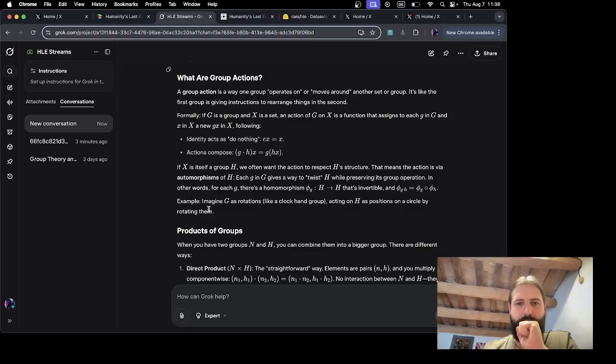There's a lot to unpack here. So imagine G as rotations, like a clock hand group, acting on H as positions on a circle by rotating them. So G would be the group.